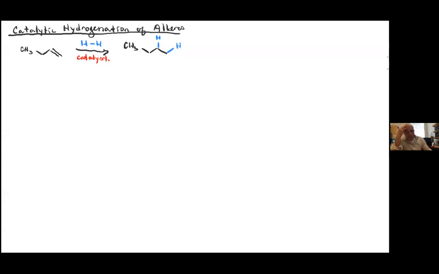These hydrogenations are always catalyzed, so you add some reagent that helps to lower the activation energy for the transformation. And the catalysts are typically based on platinum or palladium, although there are hundreds of different hydrogenation catalysts out there.